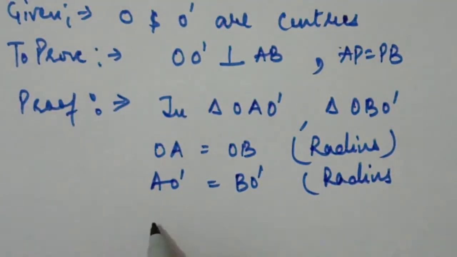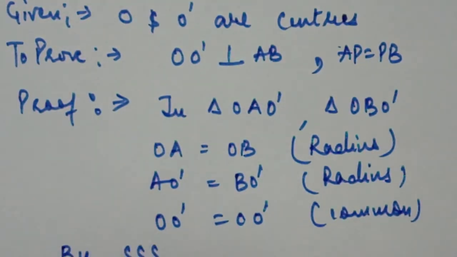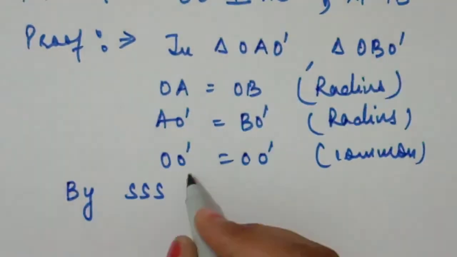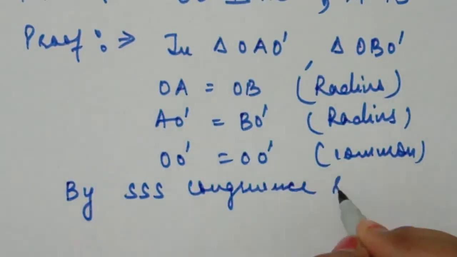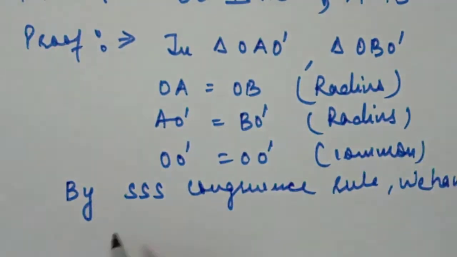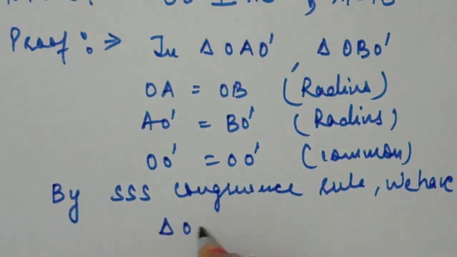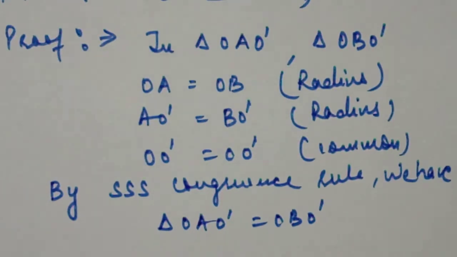And third, OO dash is common. So students, by the SSS congruence rule, we have triangle OAO dash congruent to triangle OBO dash.